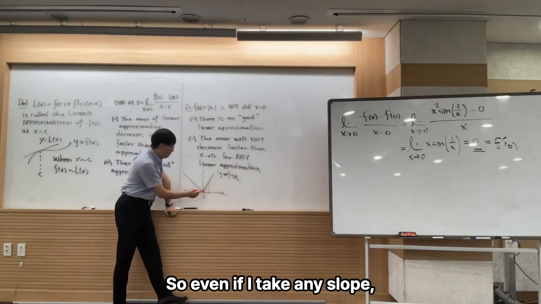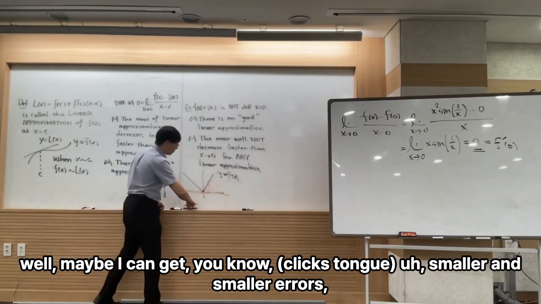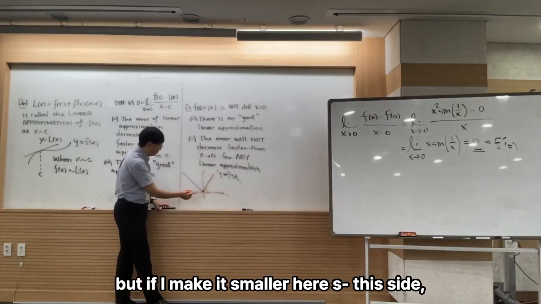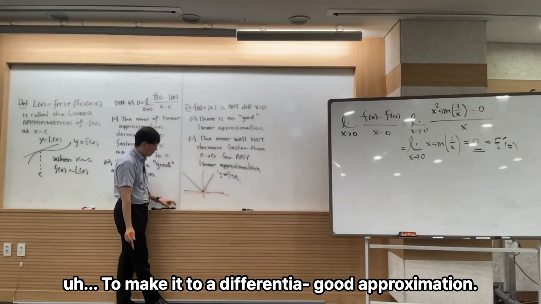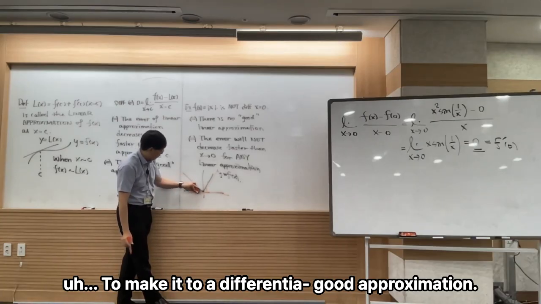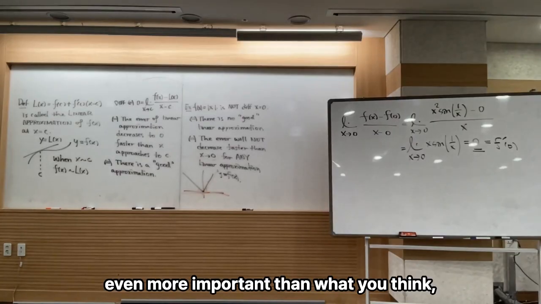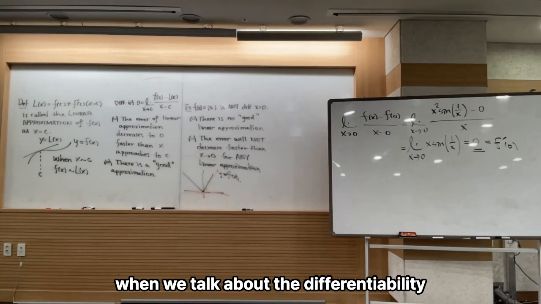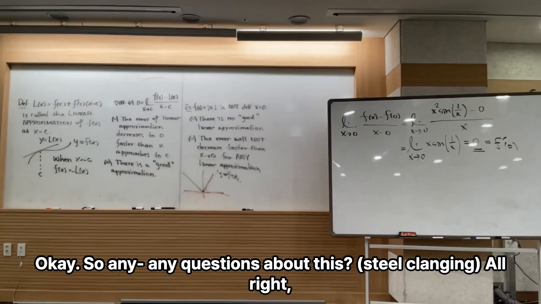Even if I take any slope, I may get smaller errors on one side, but then it's getting bigger on the other side, and it's still not fast enough to make a good approximation. This is even more important than you think, because if you don't remember this, you're going to get lost completely when we talk about differentiability of multivariable functions. Any questions about this?